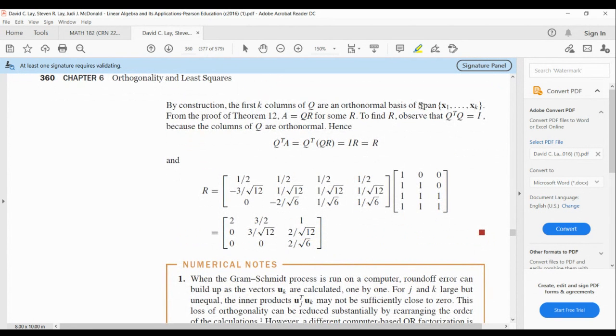Now, by construction, we have the matrix Q. A equals Q times R. We're looking for the matrix R. Notice that Q transpose times Q equals the identity, because the columns of Q are orthonormal.